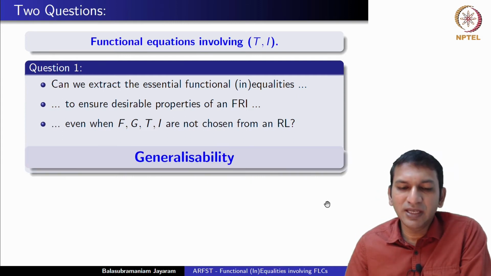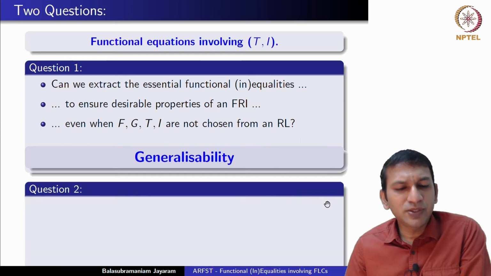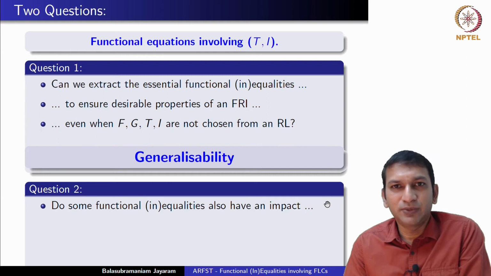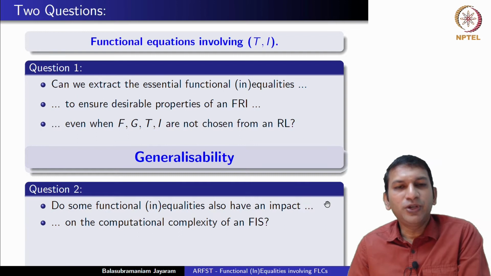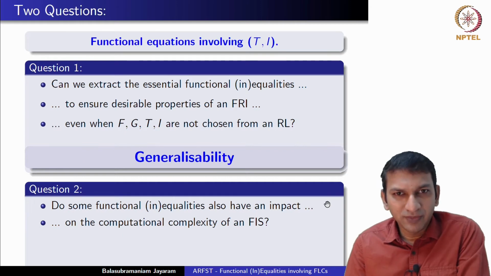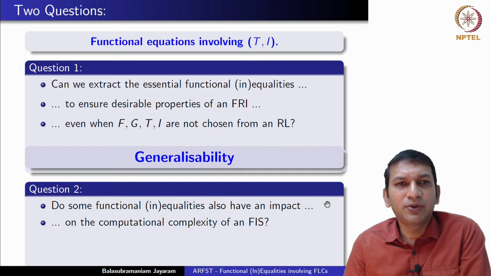Essentially, we are discussing generalizability of the results that we have got. The second question that we can ask is, do some functional inequalities and equations also have an impact on the computational complexity of a fuzzy inference system, of an FIS? So this is something that we have not seen so far. In this week of lectures, we will see this. So far, we were interested in finding out whether they had some desirable properties like interpolativity, monotonicity.